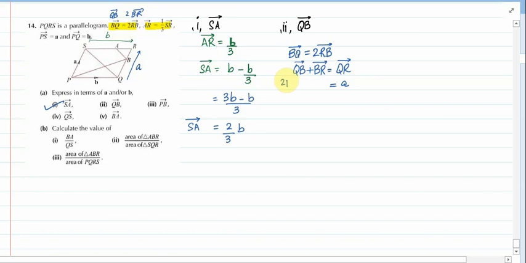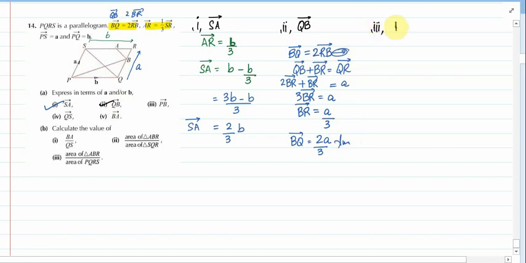So I can say that 2 times of BR instead of QB plus BR, that is 3 times of BR is equals to A, and BR is A over 3, right? I have the value of BR, now I can find BQ. So BQ, you need to multiply A upon 3 with 2, that is equals to 2A divided by 3, by using this condition, right?